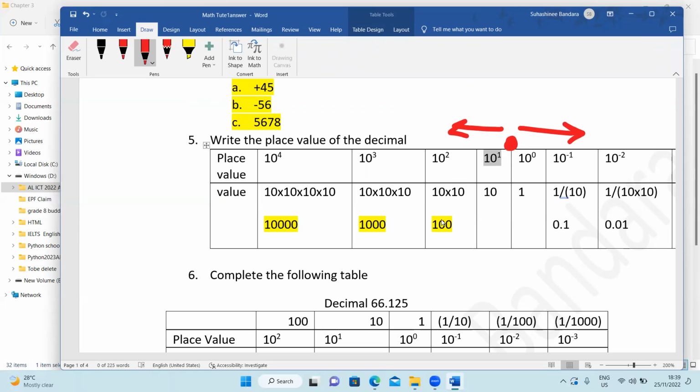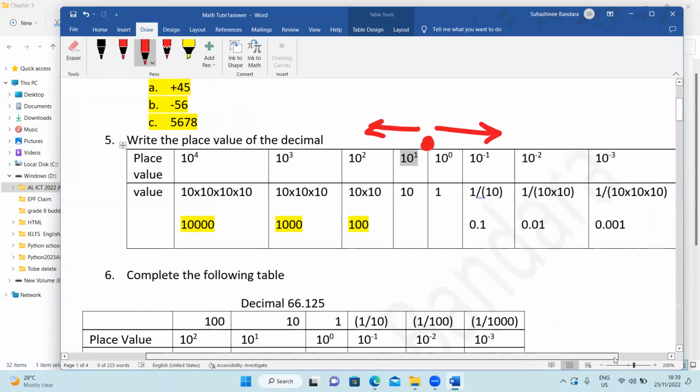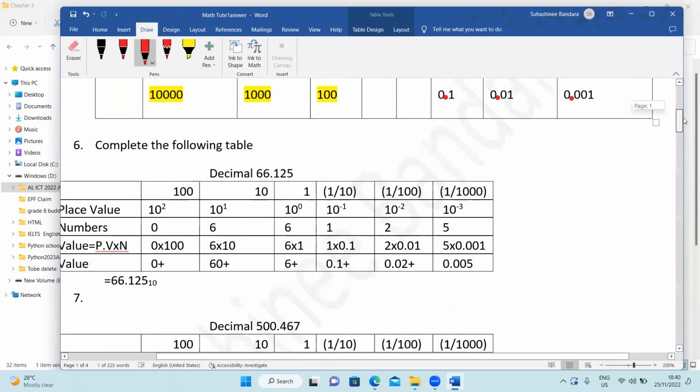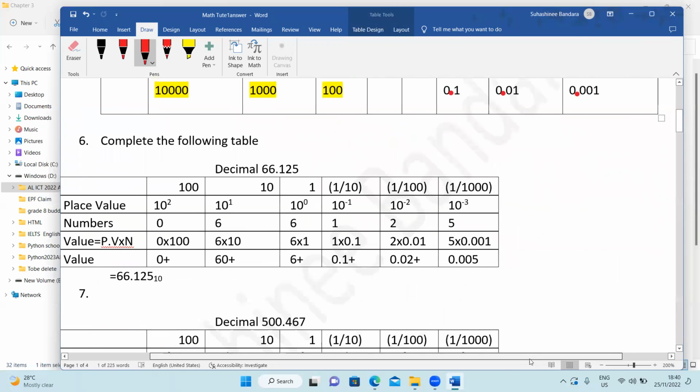Then like this 100, 1,000, 10,000 we can take to the left hand side, and on the right hand side we can take 1 divided by 10, that is 0.1. 2 times 10 we are going to divide the 1, then you will get 0.01, and 3 times 10, then you will get 0.001.